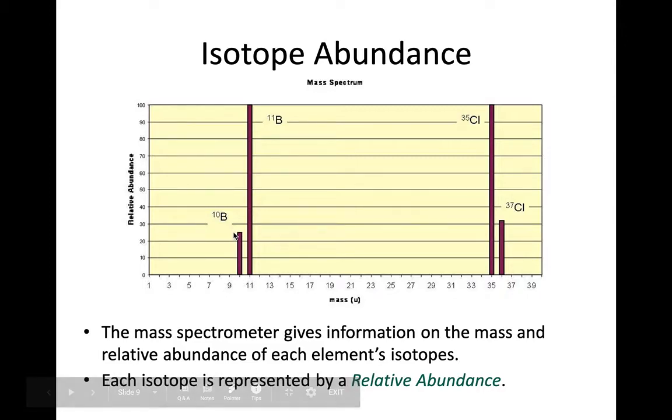So even not knowing that this came from a mass spectrometer, we could answer that there are 2 isotopes shown for boron, 2 isotopes shown for chlorine. We've got the approximate mass of each, and we've got its relative abundance. We could do lots of things with this. We could calculate the average mass. We could predict that the average mass is closer to boron 11 because it's much more abundant.